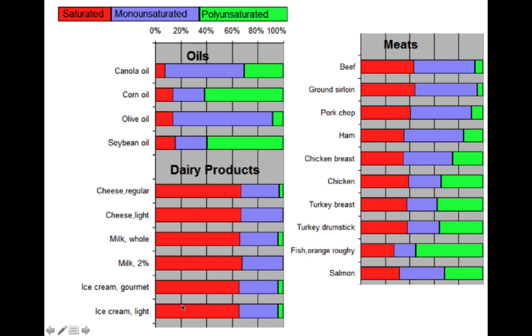Dairy, you'll find a lot of the saturated fatty acids in this, especially the whole milks, the creams, and cheeses. Meats can have a lot of it, varying based on the cut of meat as well as what type of meat it is. You'll notice that a lot of these have a lot more saturated fats. Not a ton of polyunsaturated fatty acids, but there are significant ones when you get down here to the salmon. That's where your omega-3, DHA, EPA fatty acids come from.